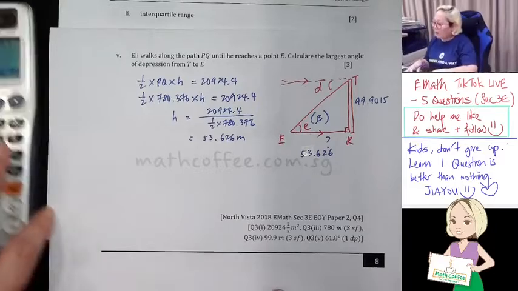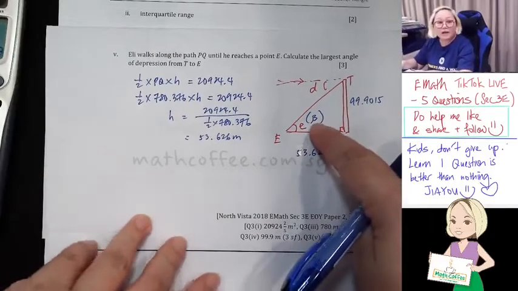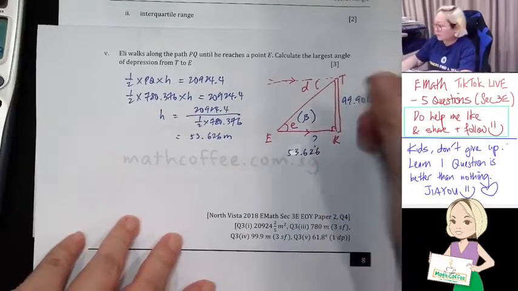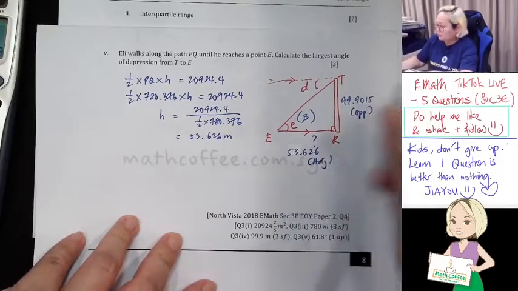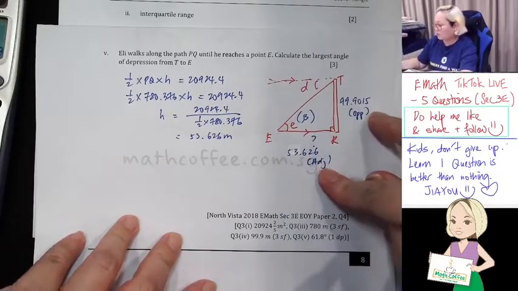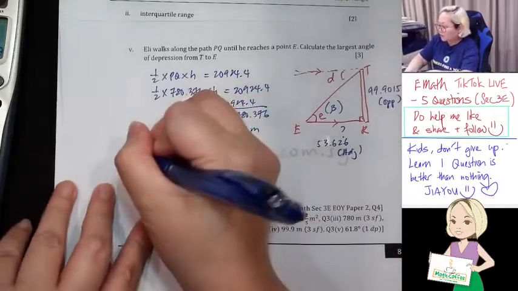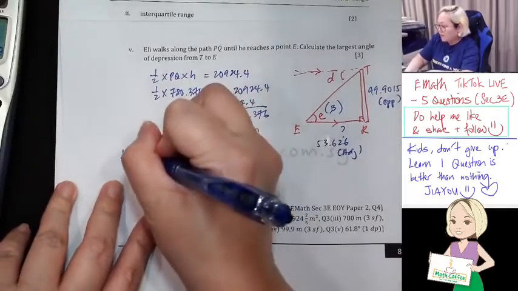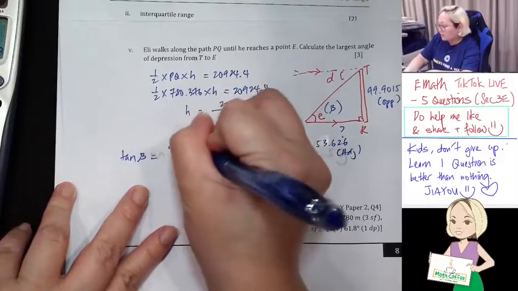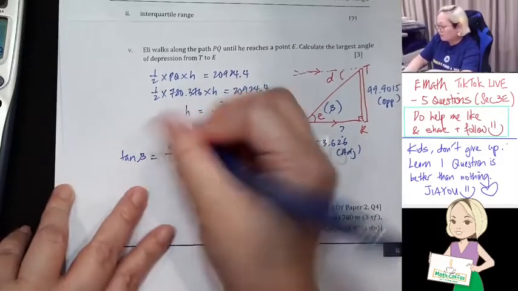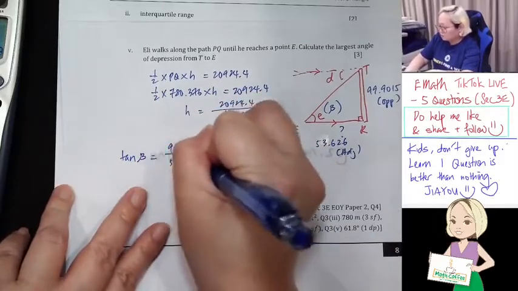Why? Because the angle of elevation is here. This is opposite, this is adjacent. So O over A, so it's tangent. So tangent beta equals 99.9015 over 53.626.